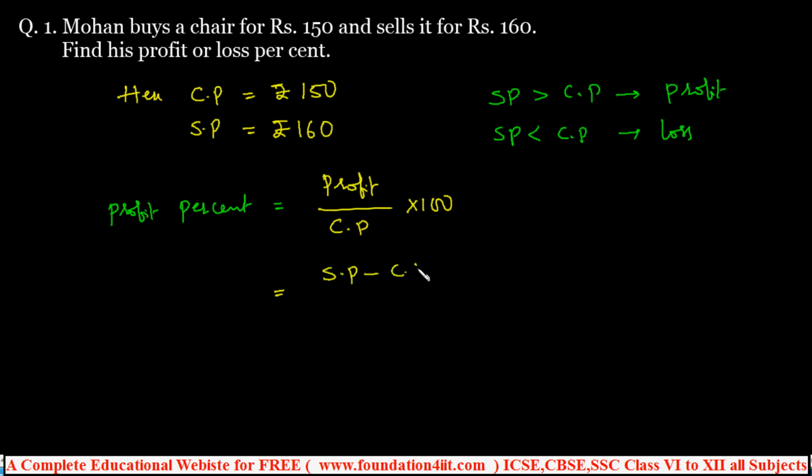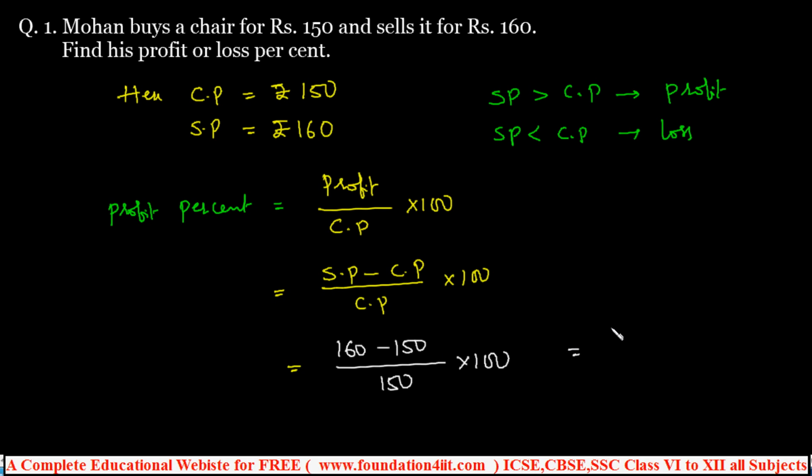Selling price minus cost price, by cost price, into 100. Yes, you can substitute the values directly in this. Selling price is 160 minus 150, by cost price, which is again 150, into 100. Calculation of this: 160 minus 150 is 10, by 150, into 100.